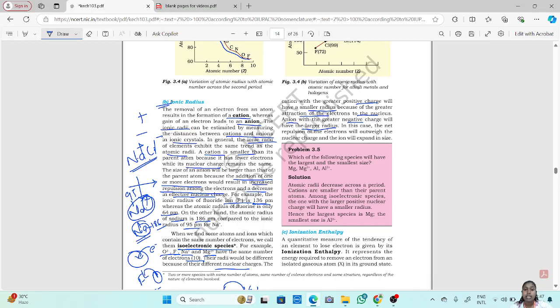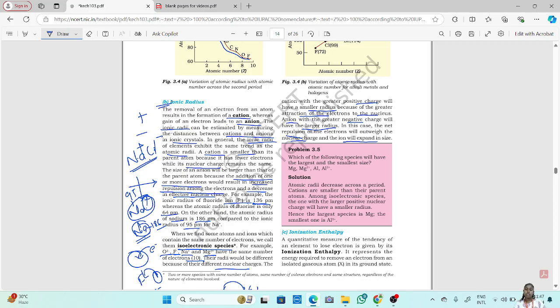In this case, the net repulsion of electrons will outweigh the nuclear charge and ions will expand in size. Anions have a larger radius because they are taking in electrons, so there will be repulsion between the electrons. The electrons will push each other far away from the nucleus, so the effective nuclear charge will decrease and the ions will expand.